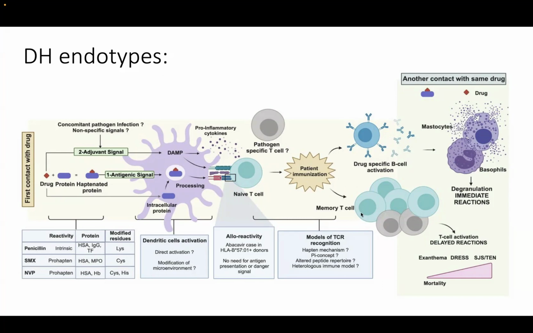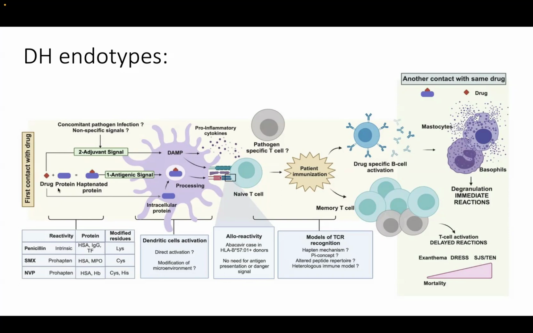And again, if it is a delayed reaction, the patient who had a memory T cell will have T cell activation with the subsequent contact with the drug, and then develop a delayed reaction with different phenotypes. The patient might develop either Stevens-Johnson, DRESS, or exanthema, and each one has its own risk for mortality.